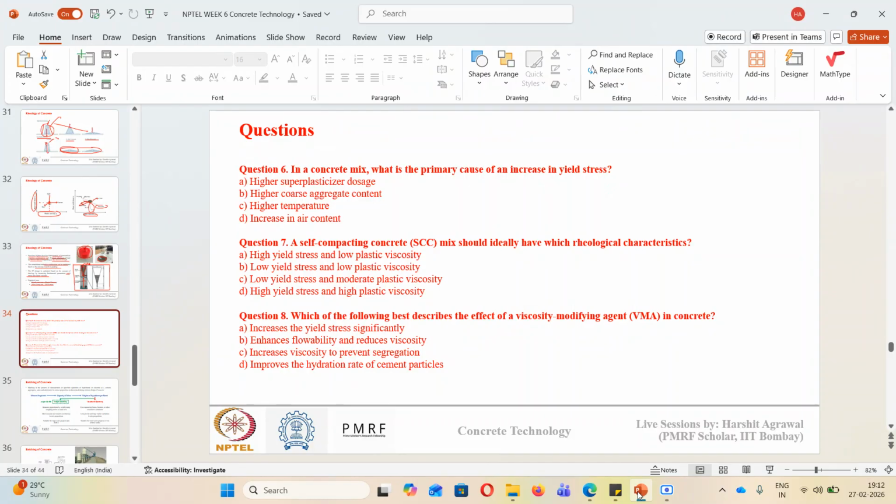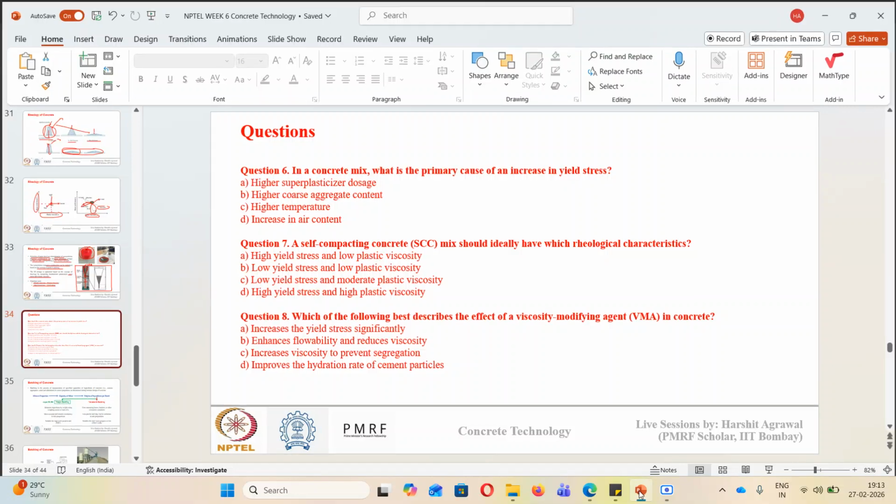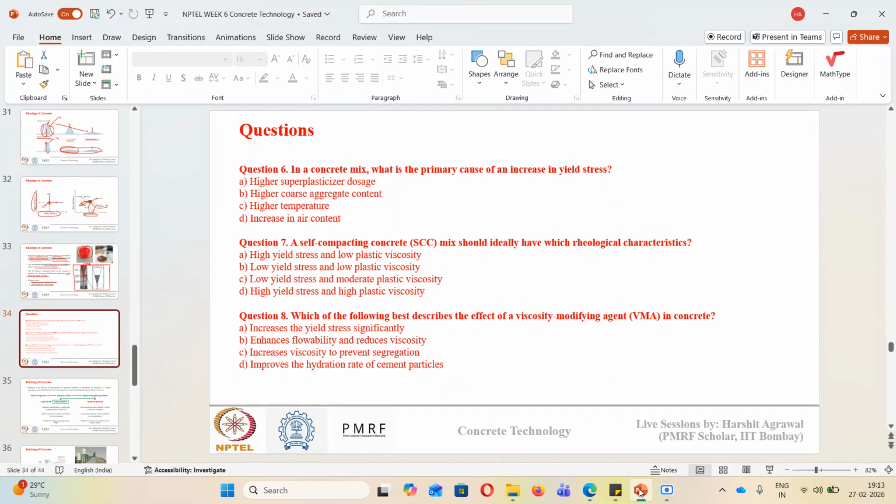So what will be the answer for question number 6? Can anyone tell me? In a concrete mix, what is the primary cause of an increase in yield stress among the following four options? Which option will increase the yield stress in concrete? Any guesses?